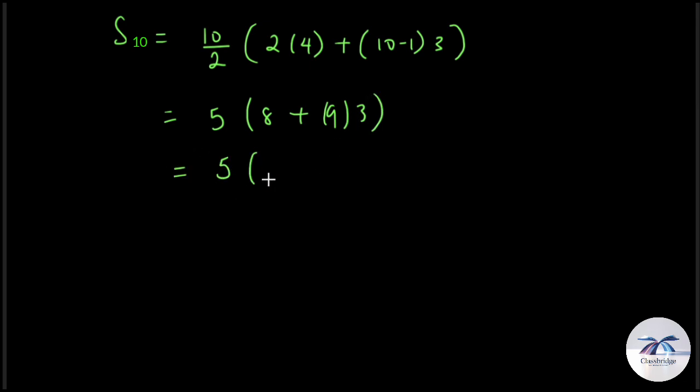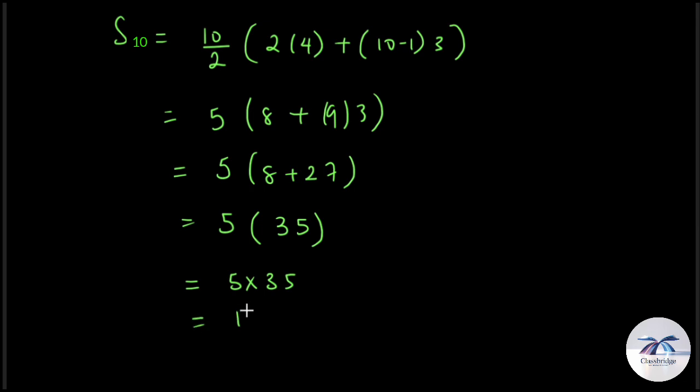Let 5 remain outside until you are done with everything in the bracket. 8, then plus 9 times 3 gives 27. Then we have 5 into 8 plus 27 gives 35. Then you have 5 times 35, which is the same thing as 175. And that is our Sn. Very simple.